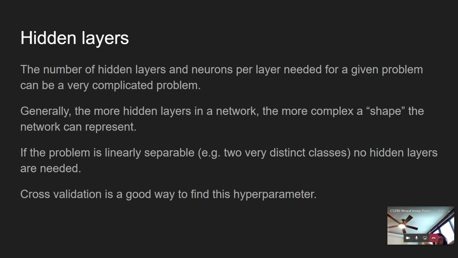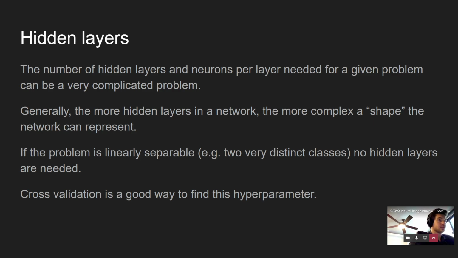We're talking about the shapes that the neural networks can come up with, and the number of hidden layers is going to increase that dramatically. It almost acts like a multiplier as to how complex your shape can be.